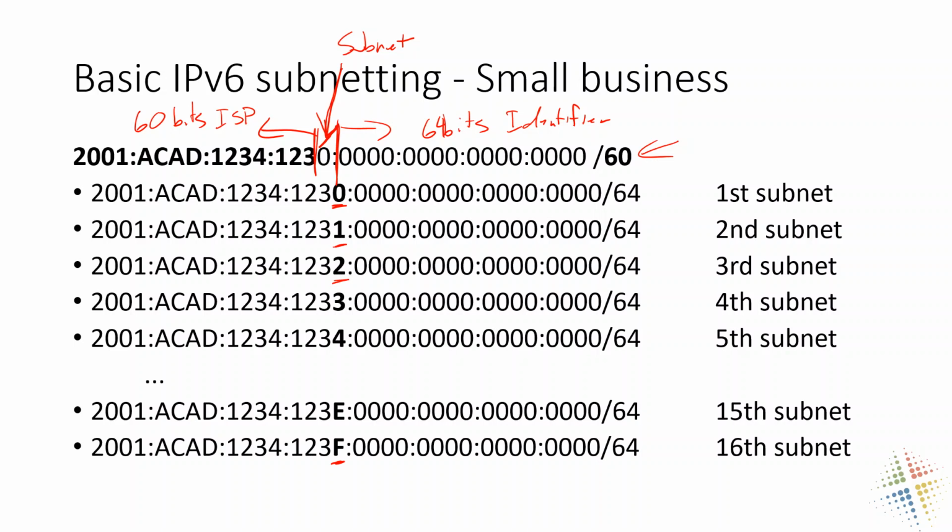So there we go. I ask for a /60. That gives me immediately 16 networks that I can easily create. And I simply look at that last digit on the network address in order to figure out which network I'm in. And then it's a quick and easy thing for me to realize at that point.